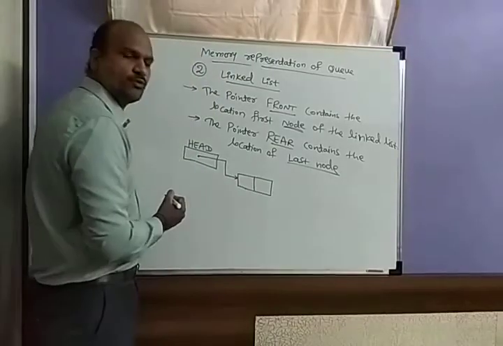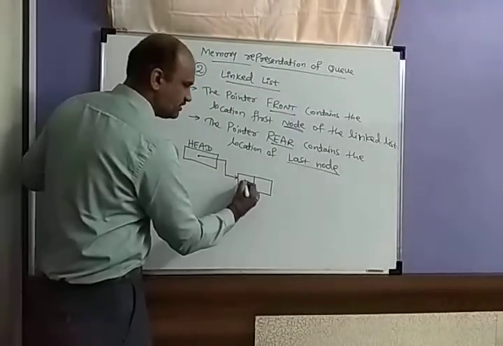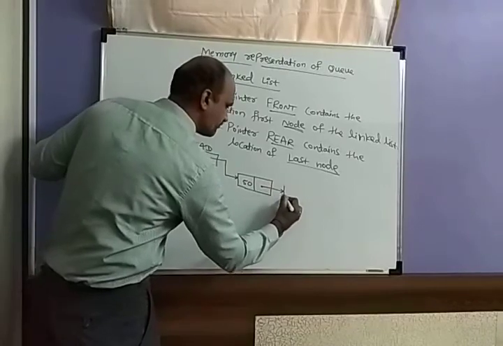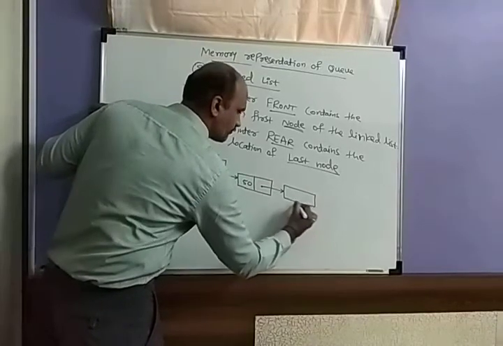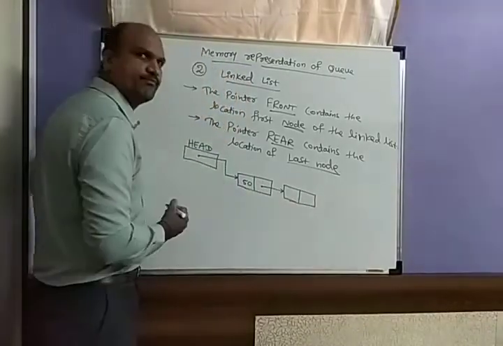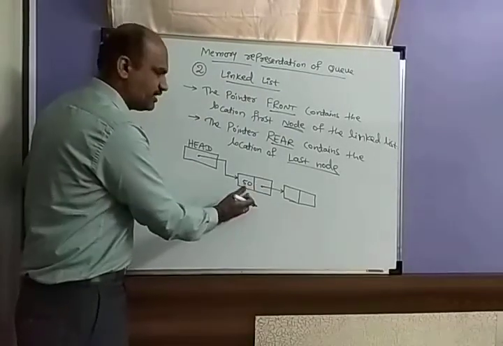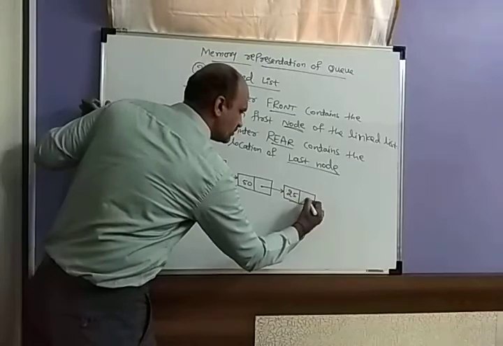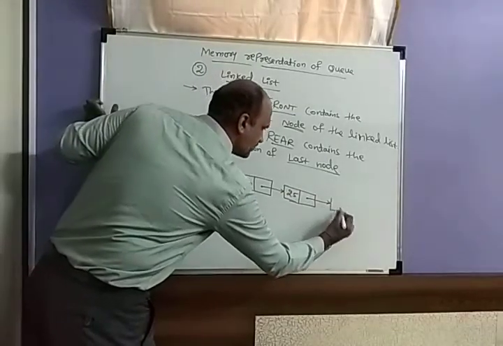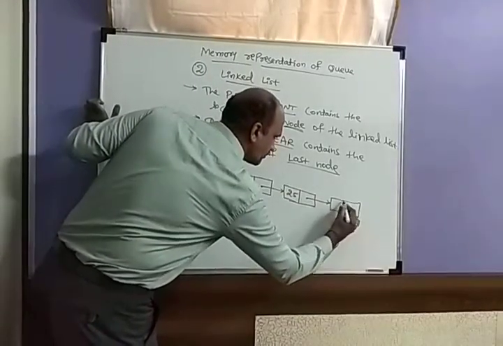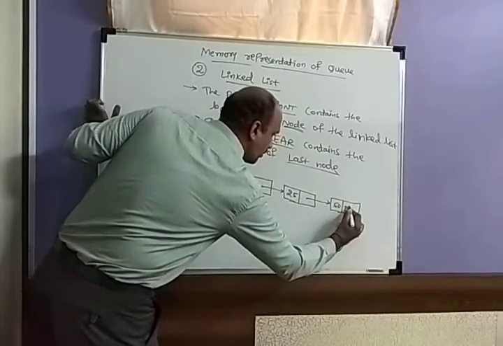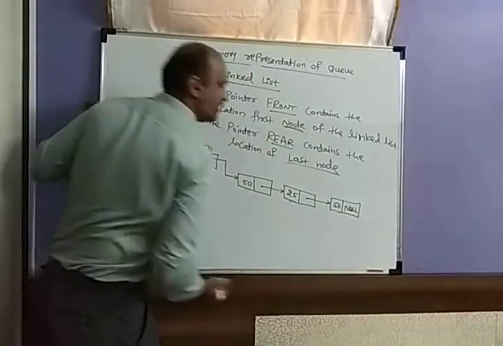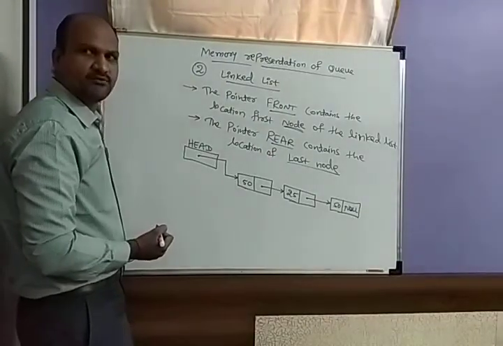Okay, so this is a representation. Now I have one node created. We'll create another node. Next, we'll create another node. Then, when the nodes are finished, when you do not have any more nodes, then the pointer becomes null.